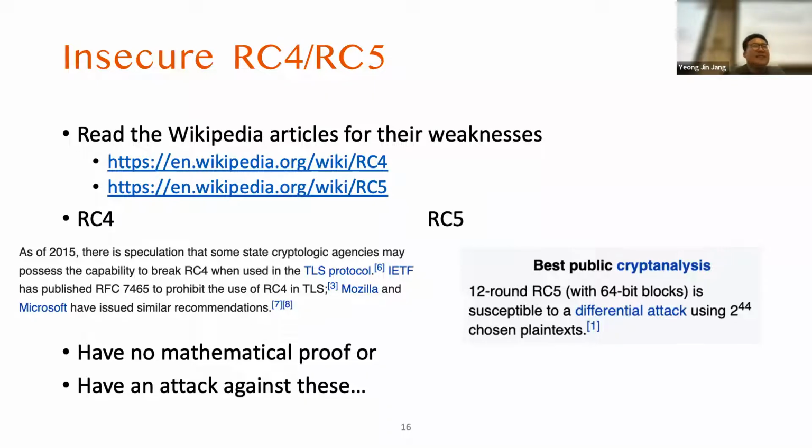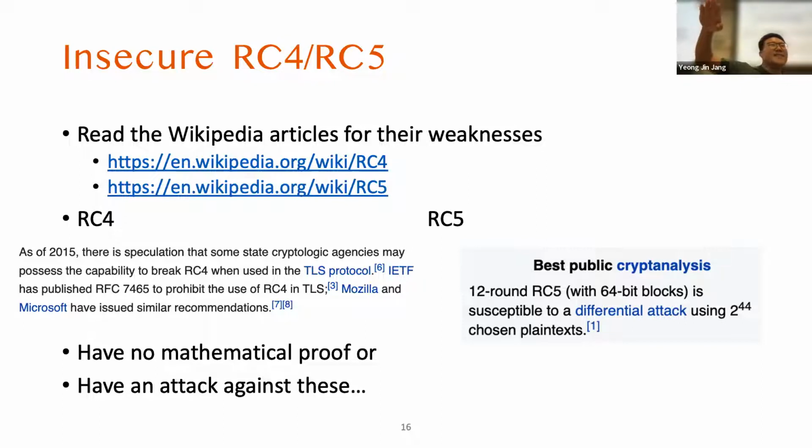The reason why these kinds of crypto schemes are insecure, and later analyzed as weak, is that this kind of scheme does not have a mathematical proof. What that means is that cryptologists are working hard to provide a proof that the lower bound cannot be lower than a certain point.